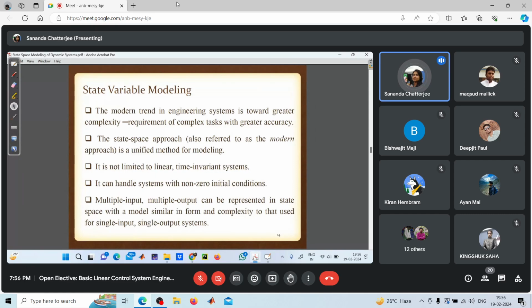That's why this approach, the state space modeling approach or state variable modeling approach, is called the modern modeling approach. Why modern? Because it is more inclusive: it can handle nonlinear time varying systems as well, take care of non-zero initial conditions, and handle multi-input multi-output systems. So it is considered a modern technique.